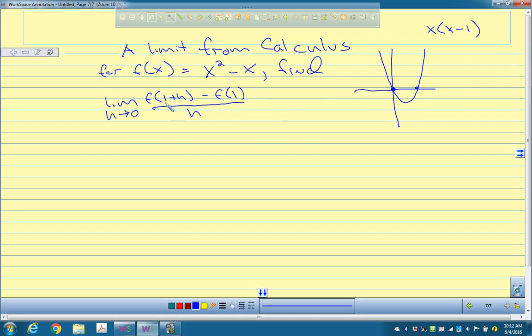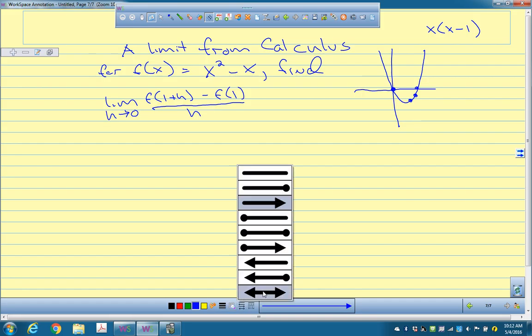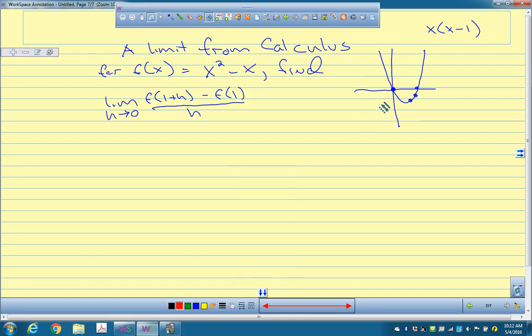Basically what you're finding here is at 1, okay? So say I were to blow this up. Here's 1. Here's another point on this graph, okay? You don't have to worry about technically what you're finding. I just kind of want to show you what you're finding, so it might be more interesting to you.